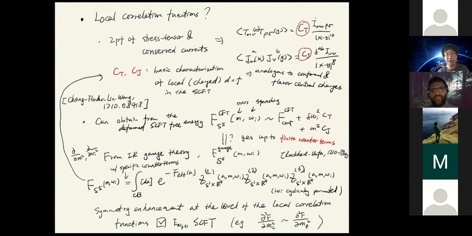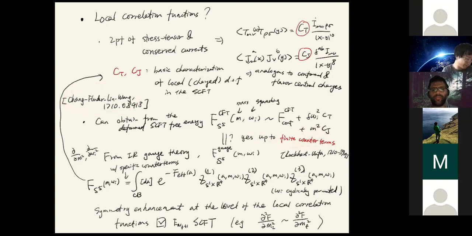But thankfully, because of supersymmetry, one can hope to compute the same deformed free energy using the IR gauge theory. So you can ask whether this is the same as the IR gauge theory, and luckily this is the case, but up to some subtle counterterms. The reason they're almost the same is thanks to the supersymmetric non-renormalization theorem, but they can differ by counterterms, which are analyzed in this paper.